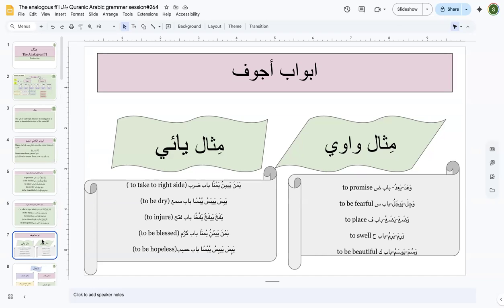Other than Nasara, misal can be from any of the five abwab of as-sulasi al-mujarrad. I hope this point is clear, that your misal wawi and misal yai can come from all the five abwab of as-sulasi al-mujarrad except for nasara.